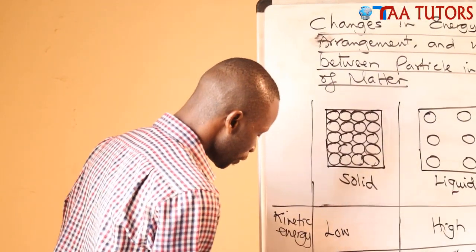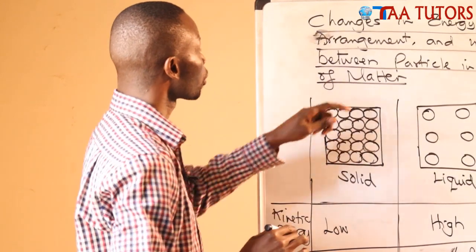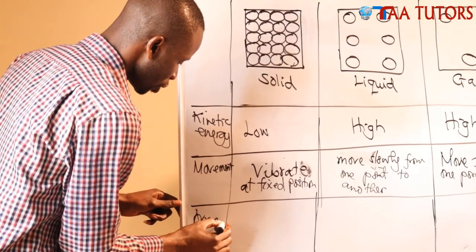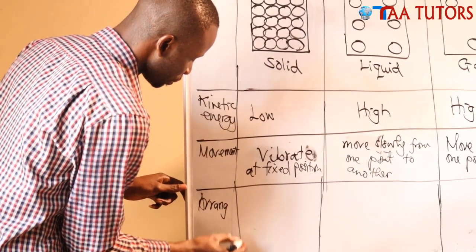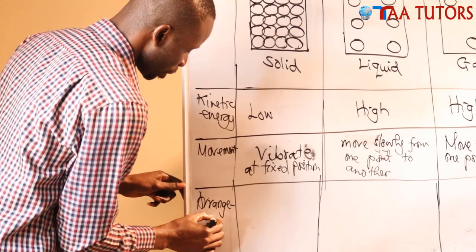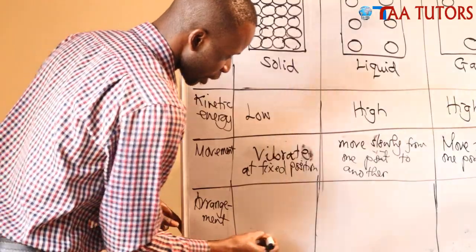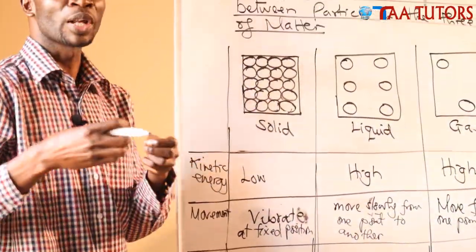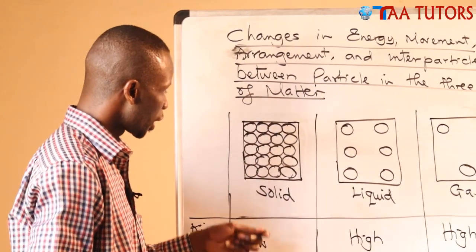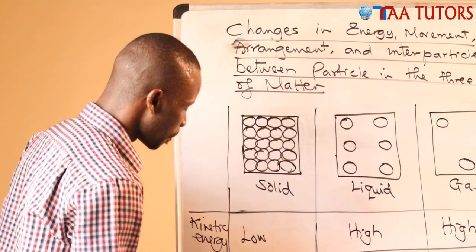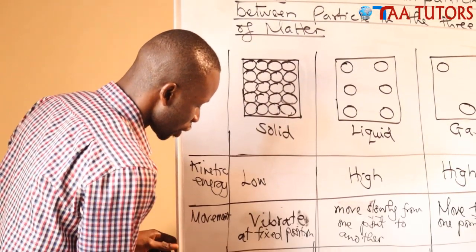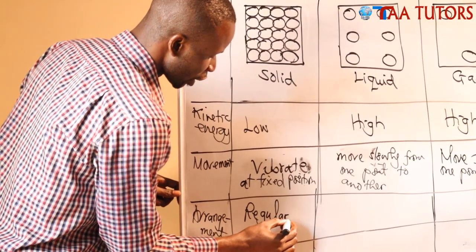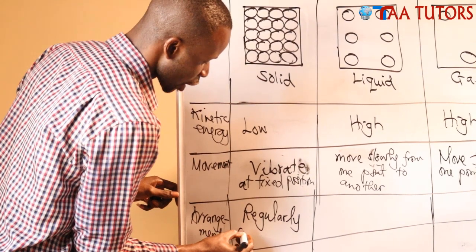And then the third point you're supposed to talk about is arrangement. Here, we have to understand how the particles are arranged. Are they arranged randomly or are they arranged regularly? One thing we have to understand in the solid state is that the particles are regularly arranged.